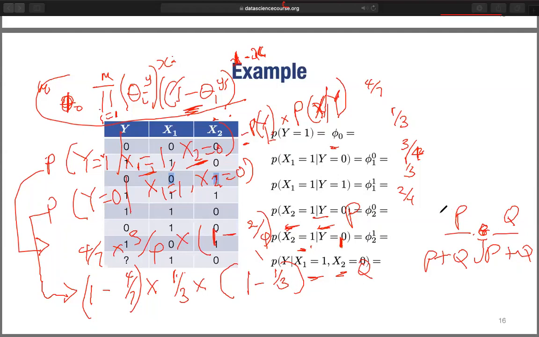Let's see what our probability is. If I'm to guess, let me see. I actually don't know, but let's try it. It might be even.